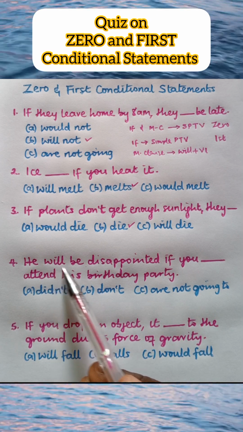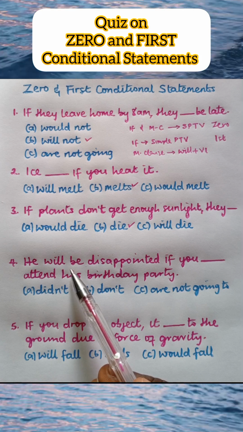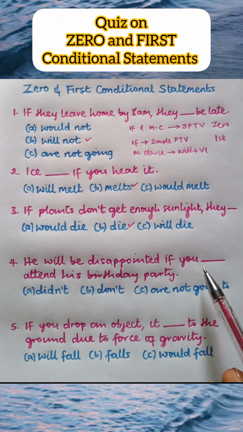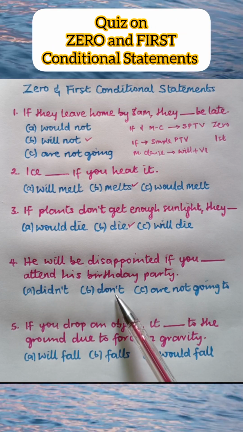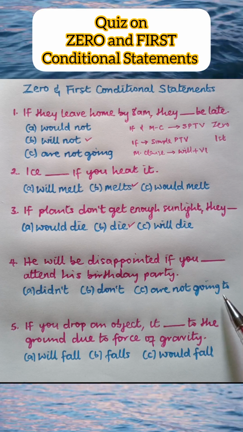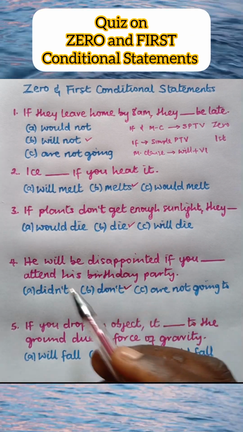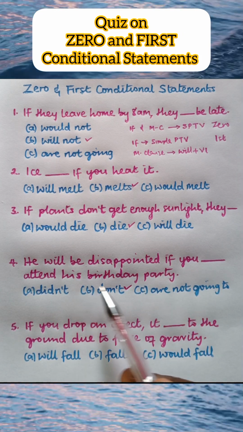Will be is simple future. This tells us that this is a first conditional statement, in which case the verb here should be simple present. Now, option A, didn't, is past tense. Wrong. Don't, simple present, correct. Are not going to, present continuous. Wrong. The correct option is B, and the sentence reads, he will be disappointed if you don't attend his birthday party.